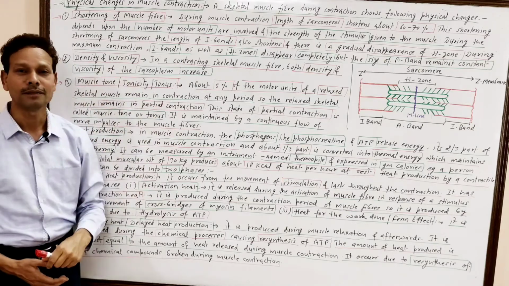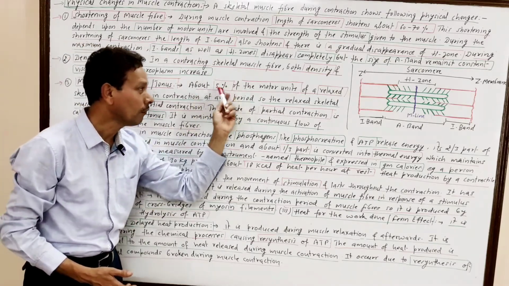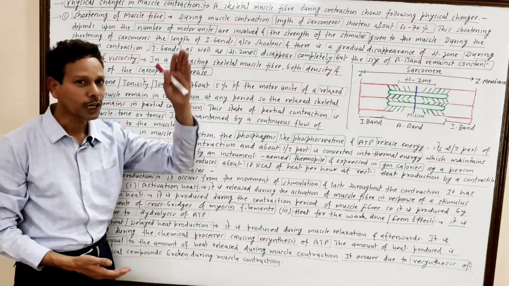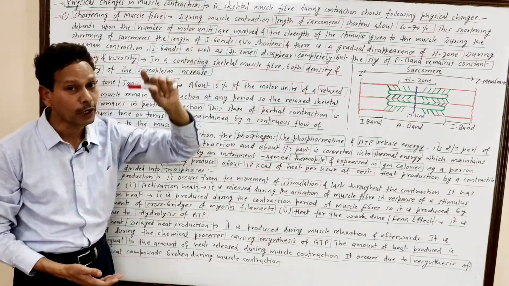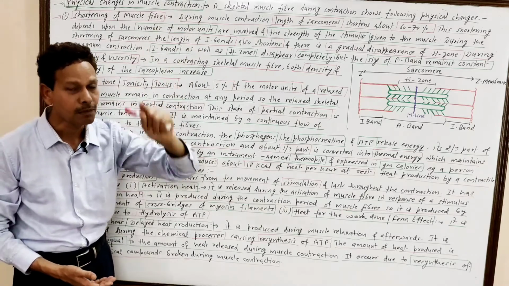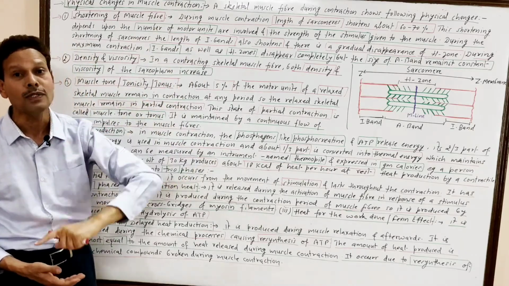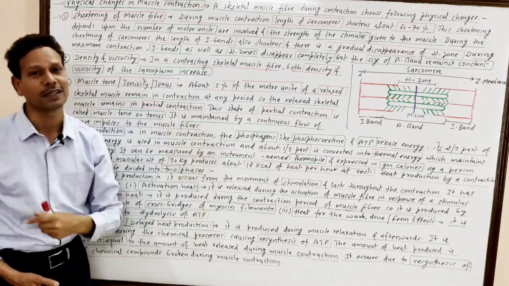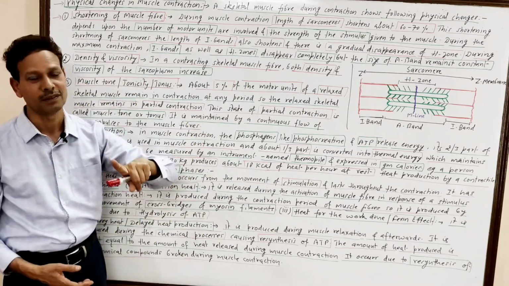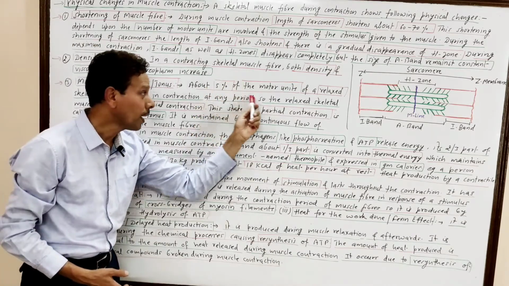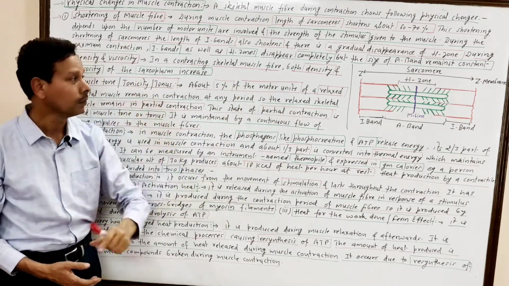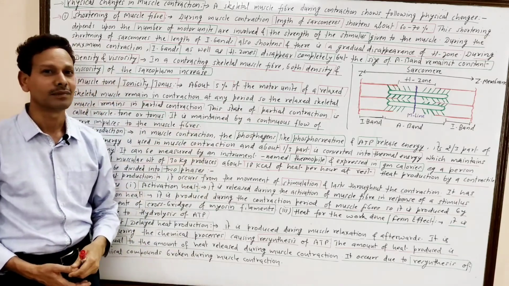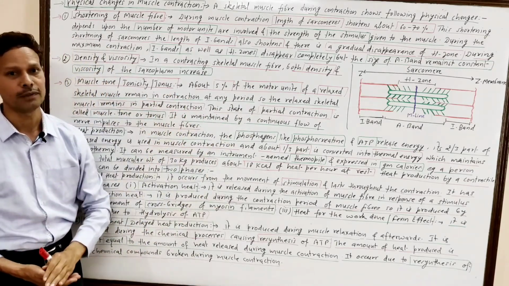Muscle tone. Dear students, note down, about 5% of motor units. As we know, a motor unit involves a motor neuron, and under this motor neuron about 1000 muscle fibers work. About 5% of motor units of a relaxed muscle remain in contraction.